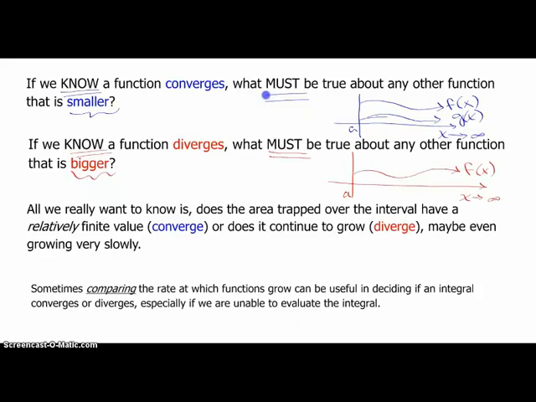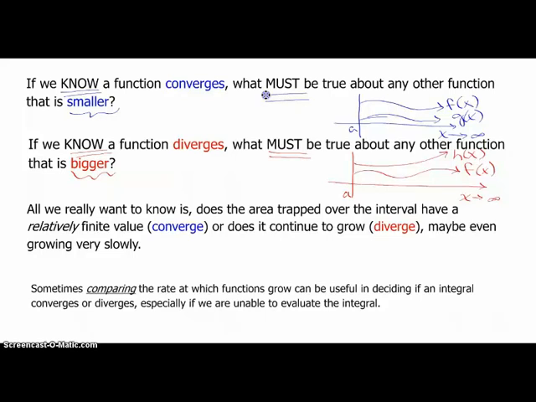If any other function in the plane has all of its outputs higher than our divergent function over the same interval, then isn't it true that it must also diverge?